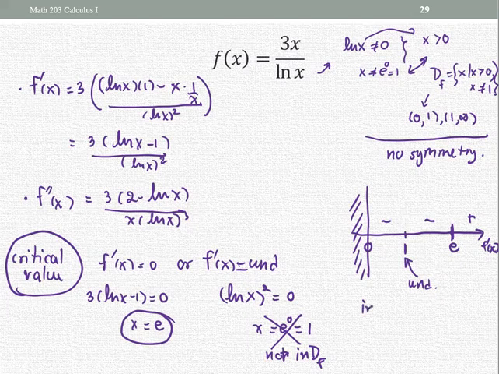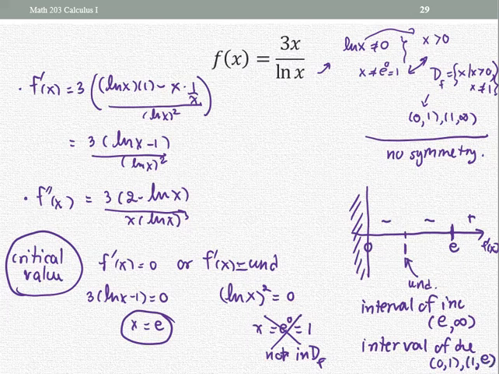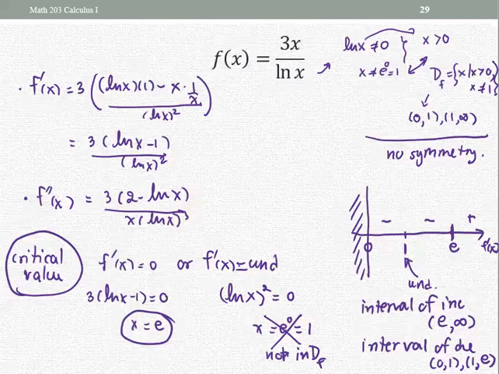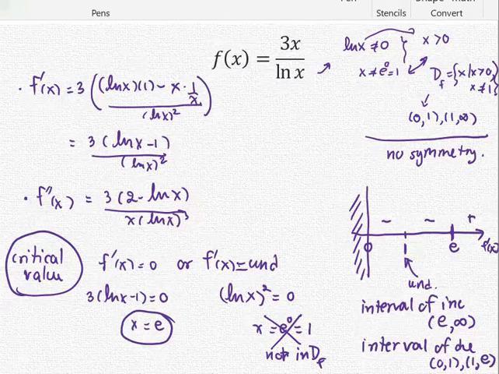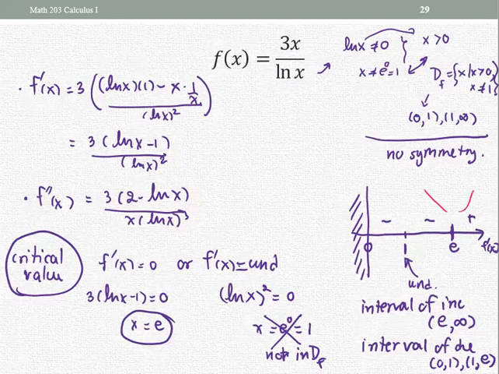So we have the interval of increasing as the interval e, comma, infinity, and the interval of decreasing, 0 to 1 and 1 to e. So we have two intervals. We have skipped the point 1 because 1 is not defined. And since the sign on the left and on the right side changes, the graph is decreasing on the left and increasing on the right.